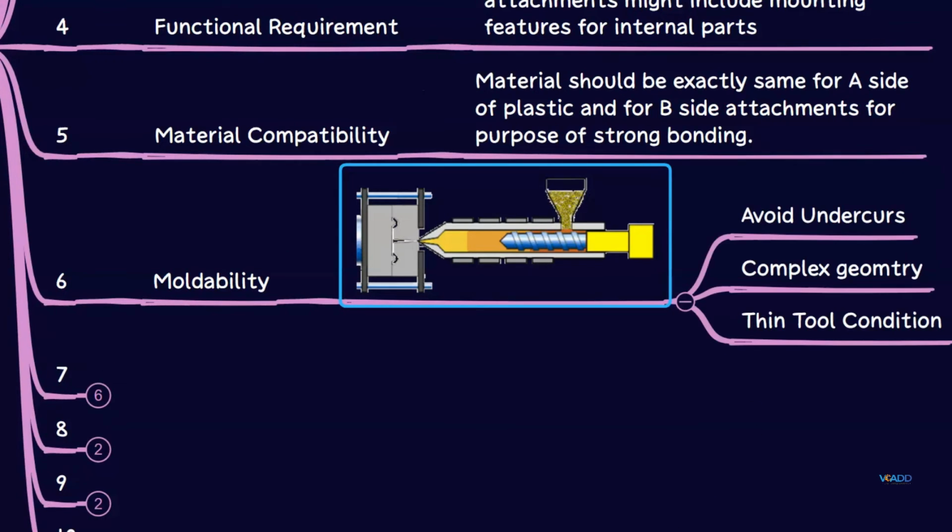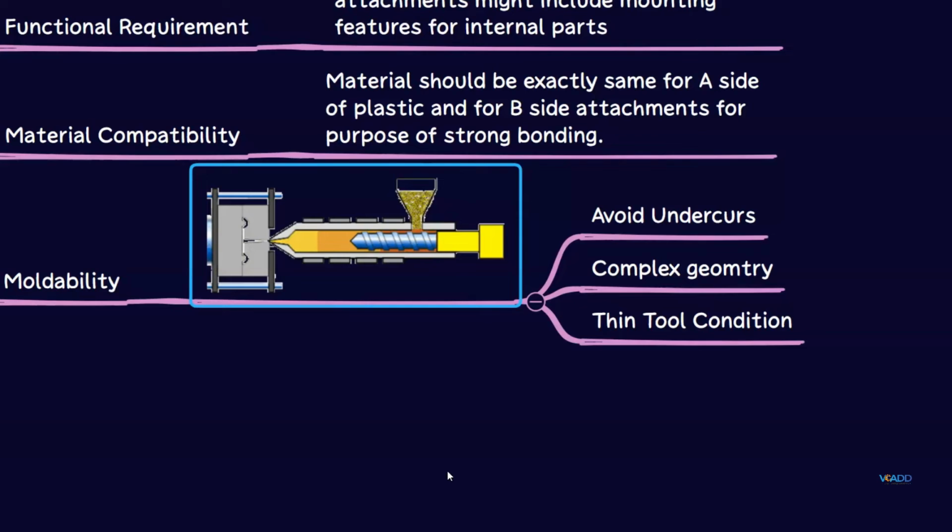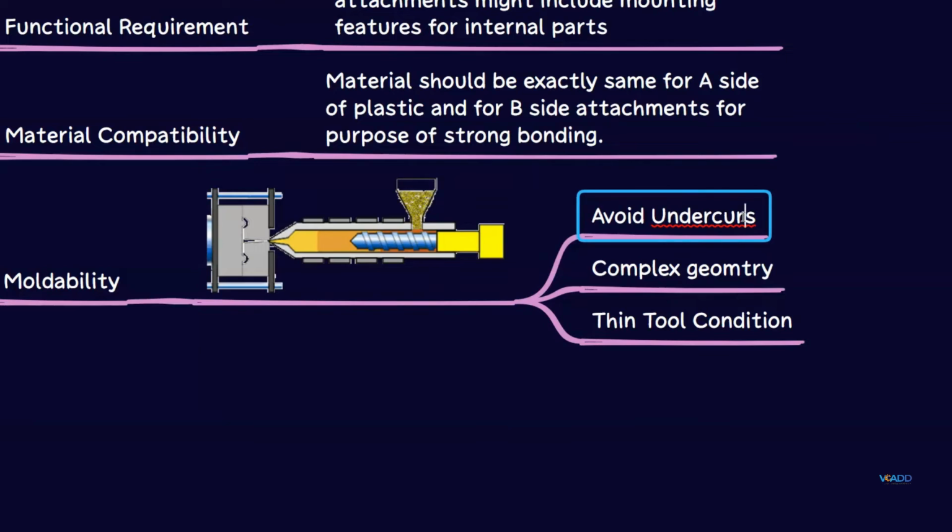So you should avoid undercuts, avoid complex geometry, and avoid thin tool conditions. Just try to avoid undercuts, because they increase the tooling cost and create a complex manufacturing method. So every time, try to avoid the undercut.